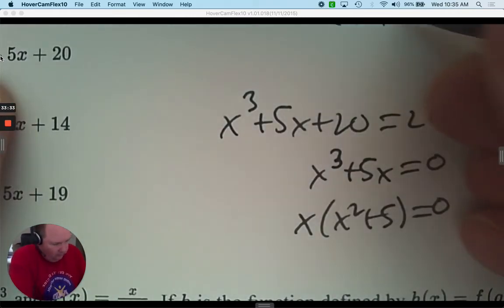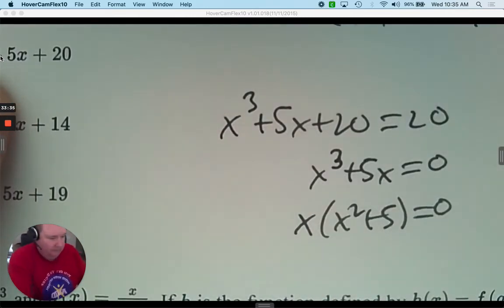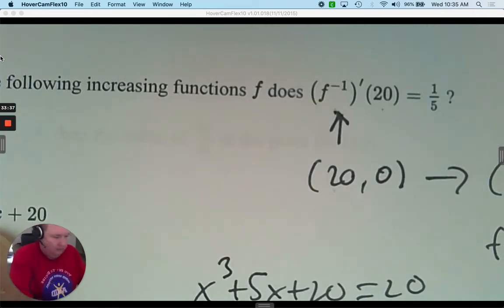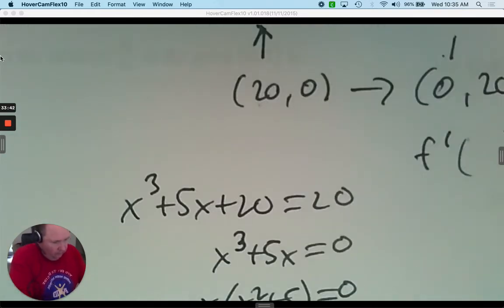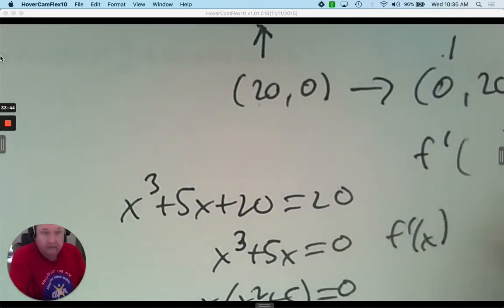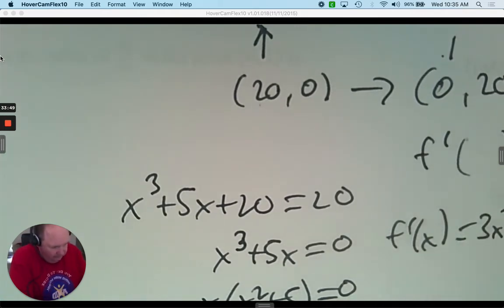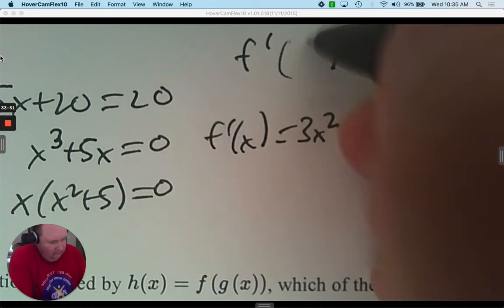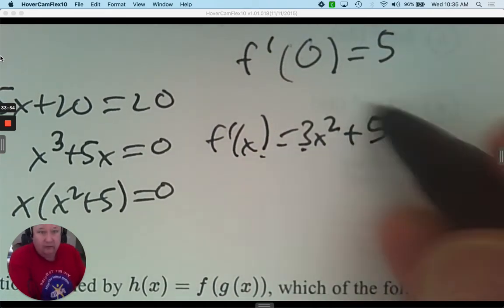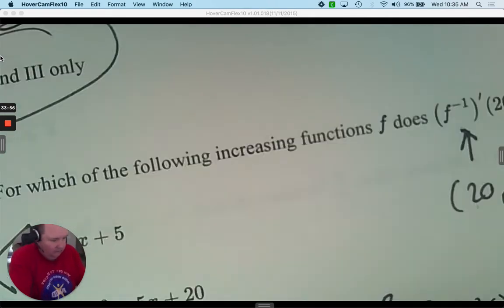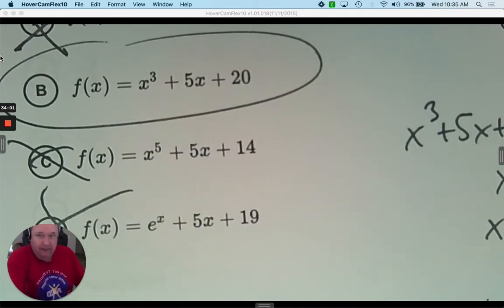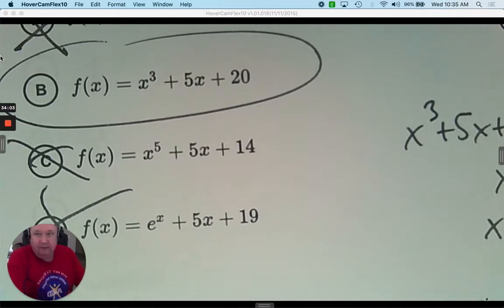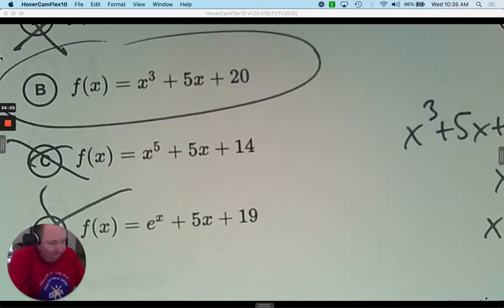So 0, this one has an answer of 0 and 20. The derivative of that is 3x squared plus 5, and the derivative at 0 is 5. Kind of working backwards and figuring it through. And so I get the answer B that matches it.